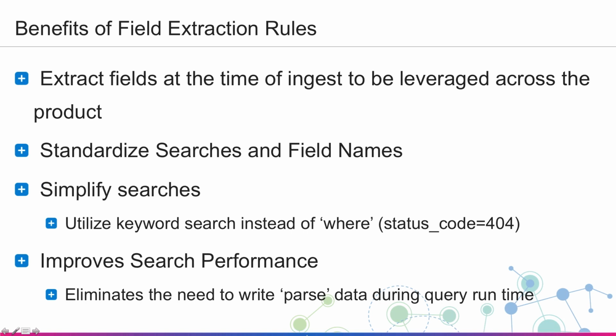If one group was previously calling IP addresses source IP, and another group was calling them IP underscore addresses, you can standardize that, and both groups would be using a single name.